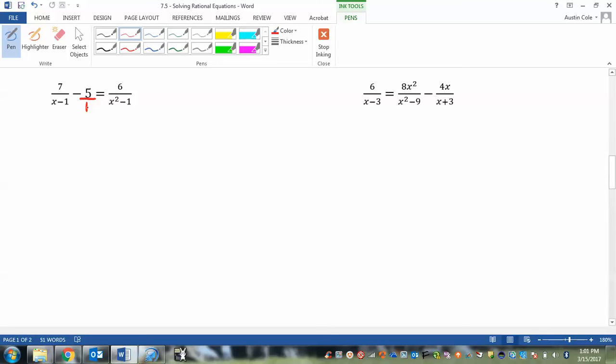Difference of squares. So 7 times x minus 1 minus 5 over 1 equals 6 over x squared minus 1, which is really x plus 1, x minus 1.